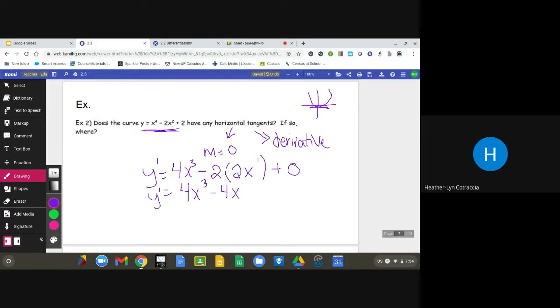Now, if you look up here, we had taken this apart and we said, okay, does it have any horizontal tangents? Is there any place where the tangent, the derivative, is equal to 0? Because that's what it means to be horizontal. So 0 is equal to 4x to the third minus 4x. Factor out 4x, I believe you get x squared minus 1.